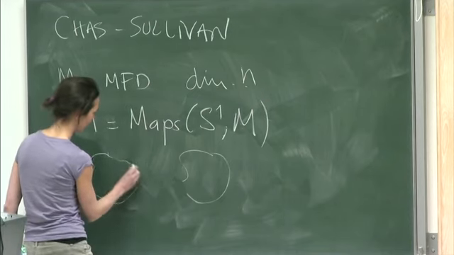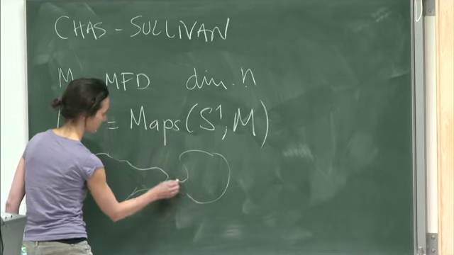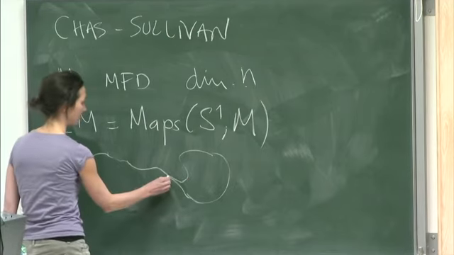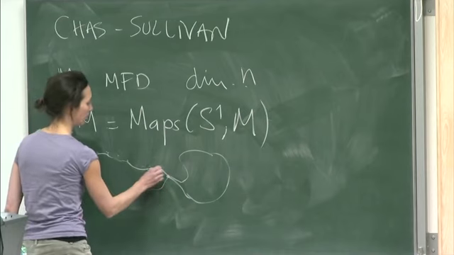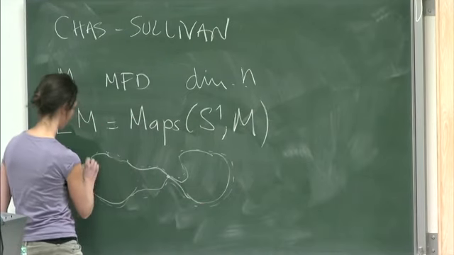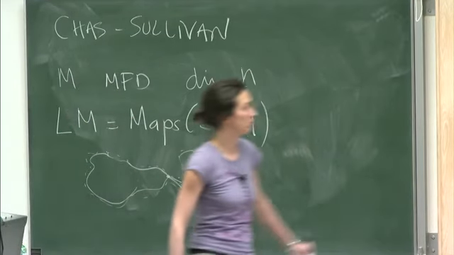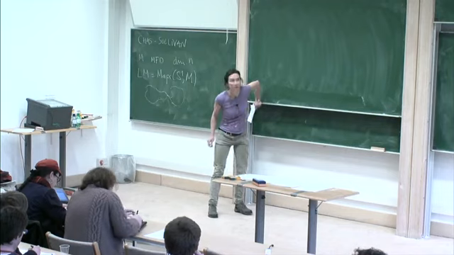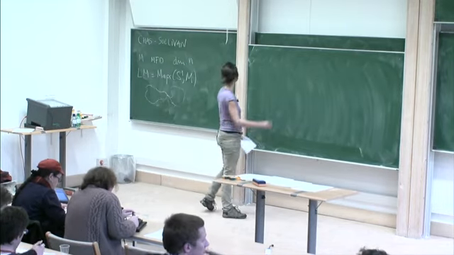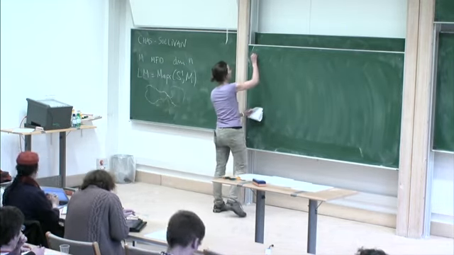So say they maybe intersect. If they did intersect, you could multiply them as you usually do with loops, by just taking the concatenation of loops.